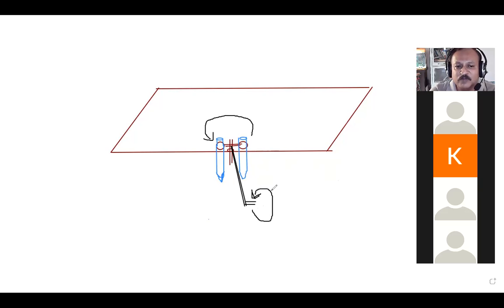The tubes start revolving in circles. Now these holders are not fixed. There is a hinge region, and therefore as you move the handle, the tubes would start moving outwards.